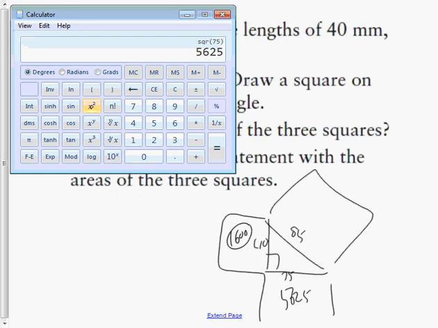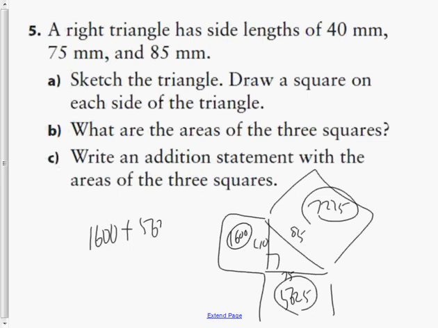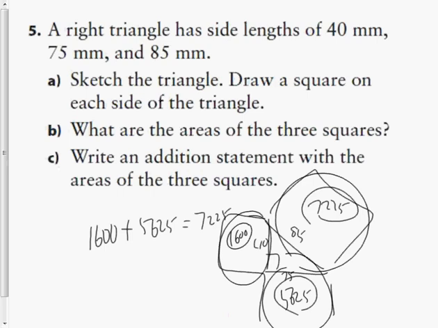And the last one would be 85 squared, which is 7225. Okay? So the addition statement that shows the areas of these squares would be the area of square A plus the area of square B will equal the area of square C, which is 7,225. So this square's area plus this square's area equals this square's area.